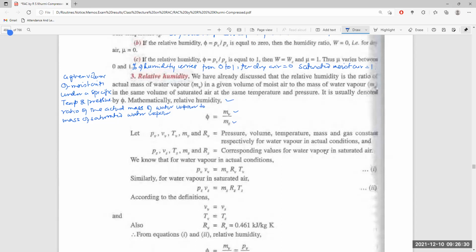So for water vapor in the actual condition, PV VV is equal to MV RV TV. And similarly, for water vapor at the saturated pressure, PS VS is equal to MS RS TS.